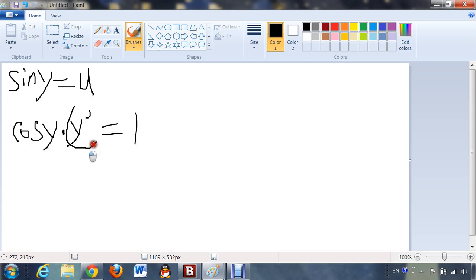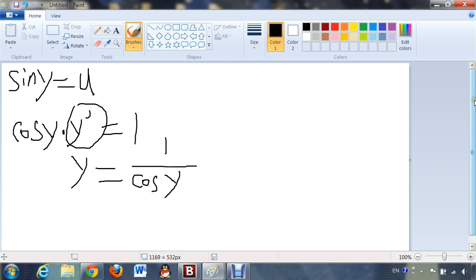So if we are solving for y prime, we have to move things around and divide both sides by cosine y. First, look back at here. This will give you a triangle.